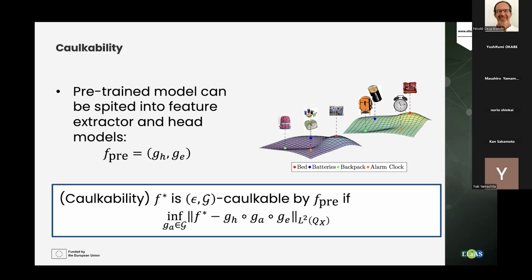The adapter model has the functionality to convert this manifold to this manifold. So if the transition to this manifold is somewhat easy, the pre-training might be successful. That's the intuition behind this definition.